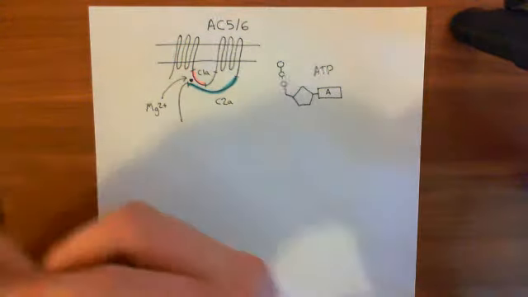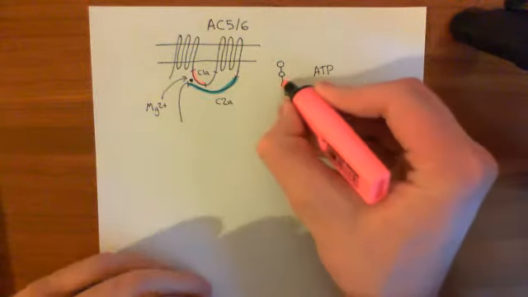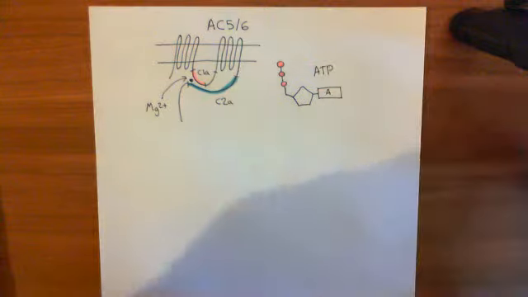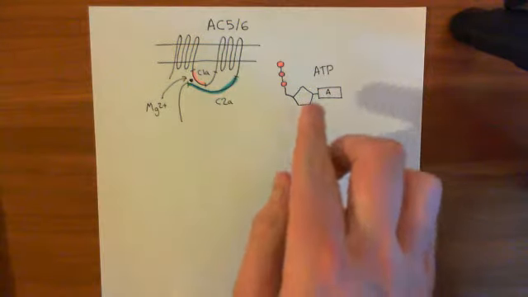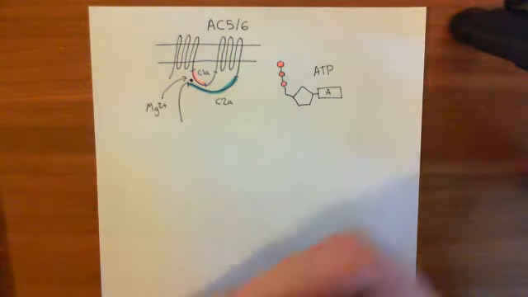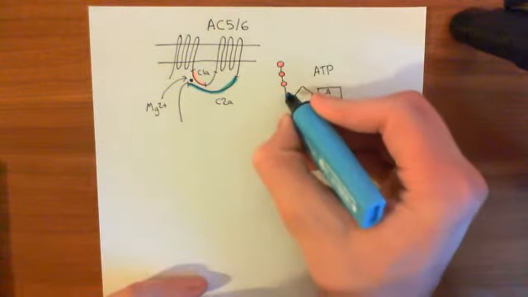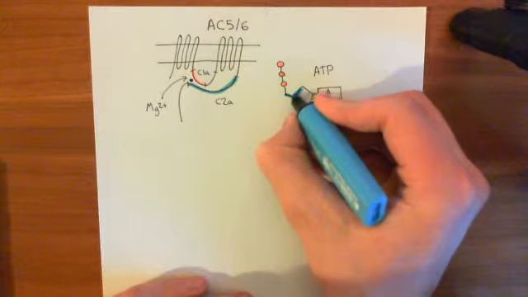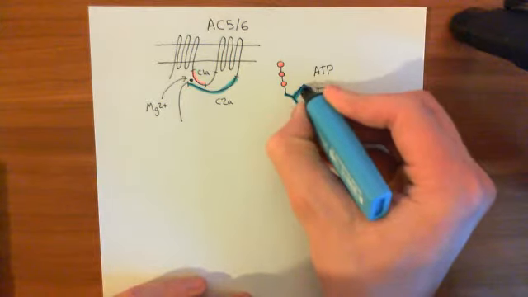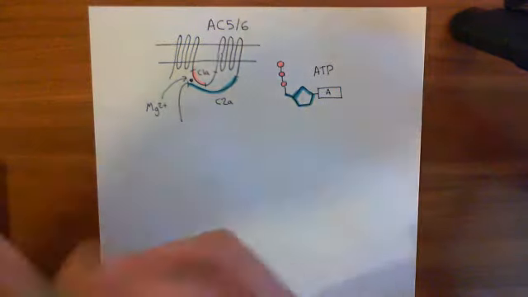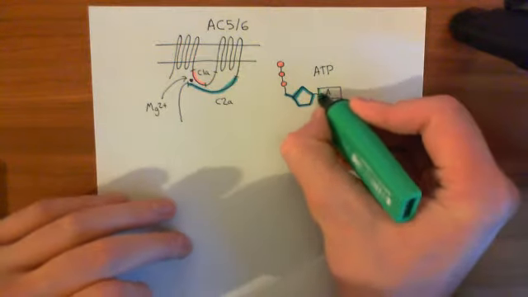Now all of these phosphate groups, the alpha, the beta, and the gamma phosphate groups of the adenosine triphosphate, have negative charges. So they are going to be coordinated by the magnesium ion. In fact, the phosphate groups are going to bind to the magnesium ion at the center of this enzyme, and that's how you get the ATP molecule to come in.